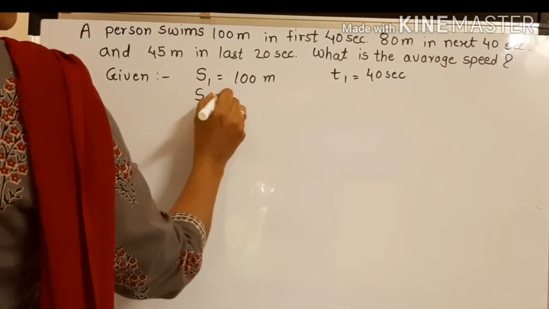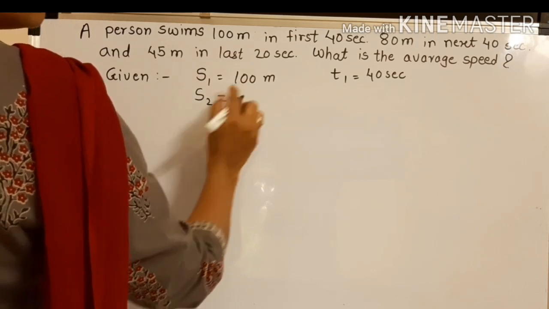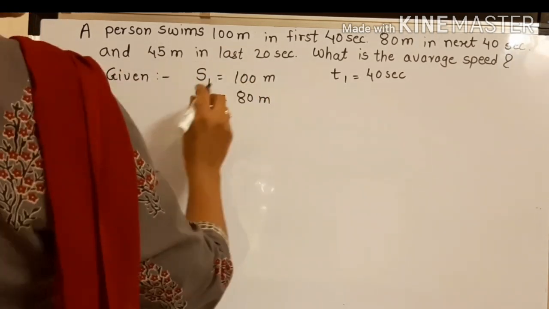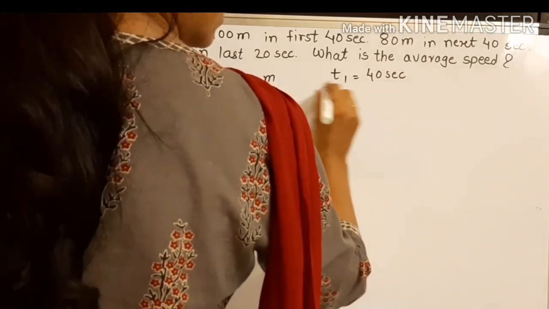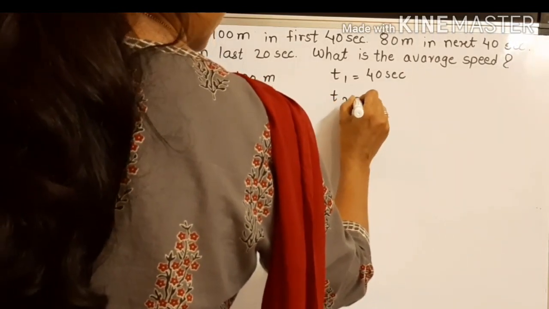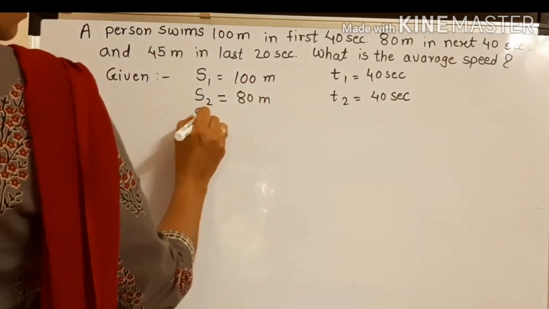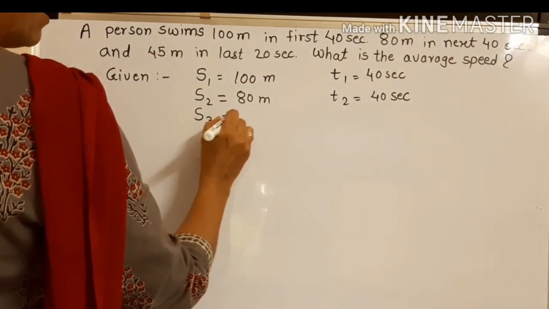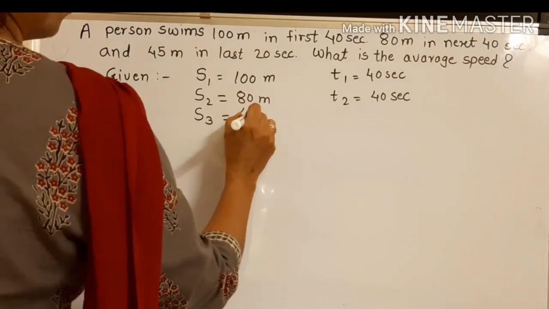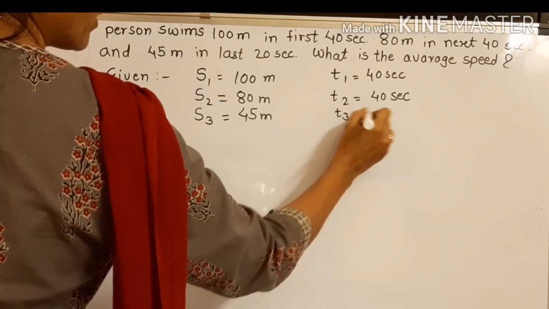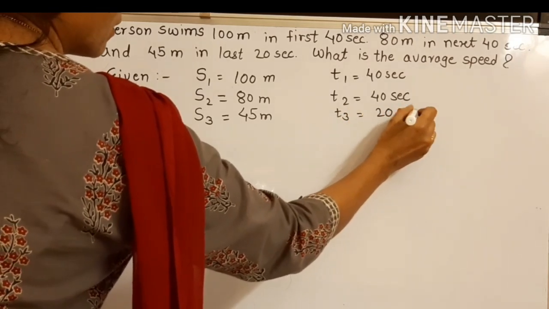Second distance S2 is equal to 80 meters, and time required is again 40 seconds, and the last distance S3 is equal to 45 meters, and time required T3 is 20 seconds.